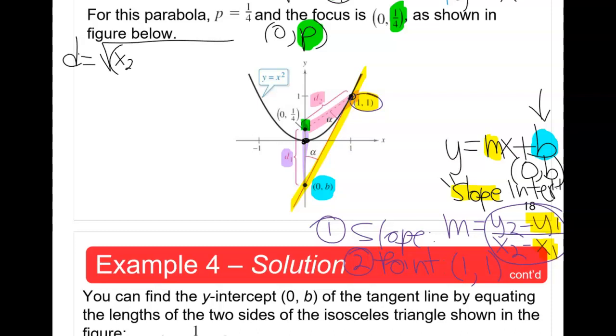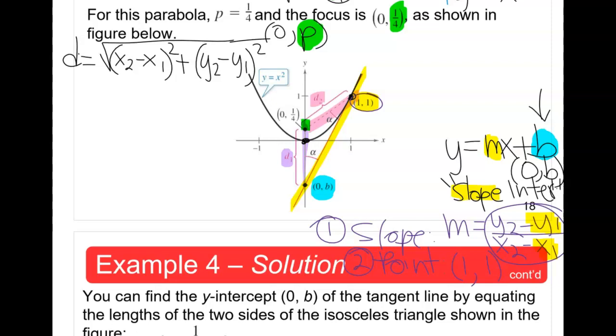So it's the difference of the x values squared plus the difference of the y values squared.